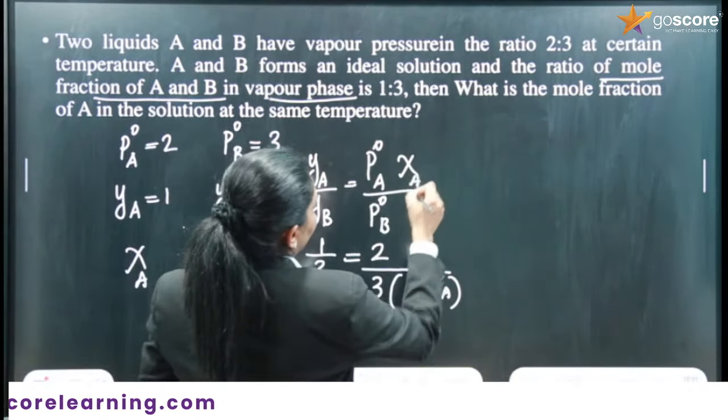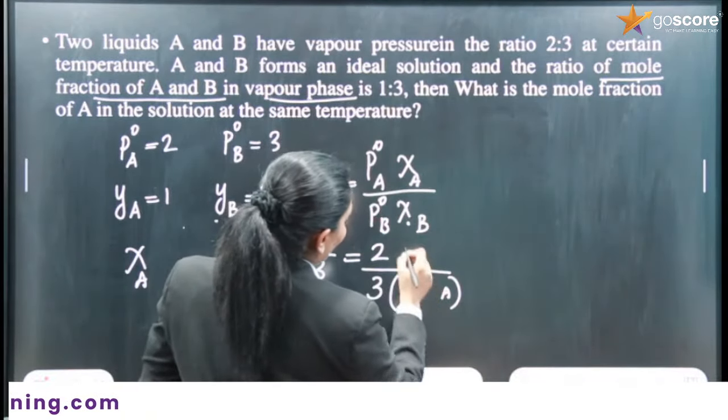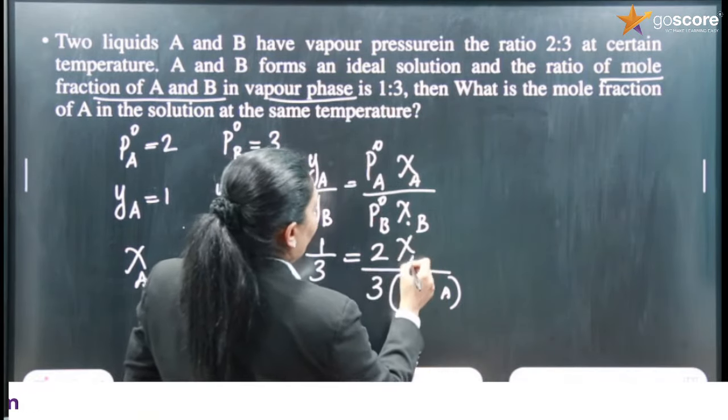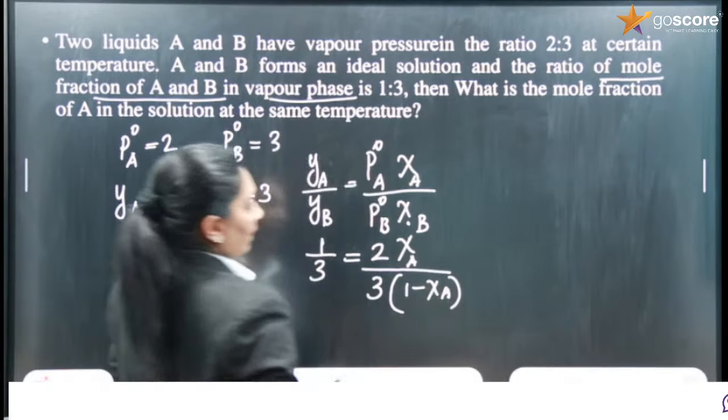Chi A and chi B. So here I can write chi A, 1 minus chi A, right?